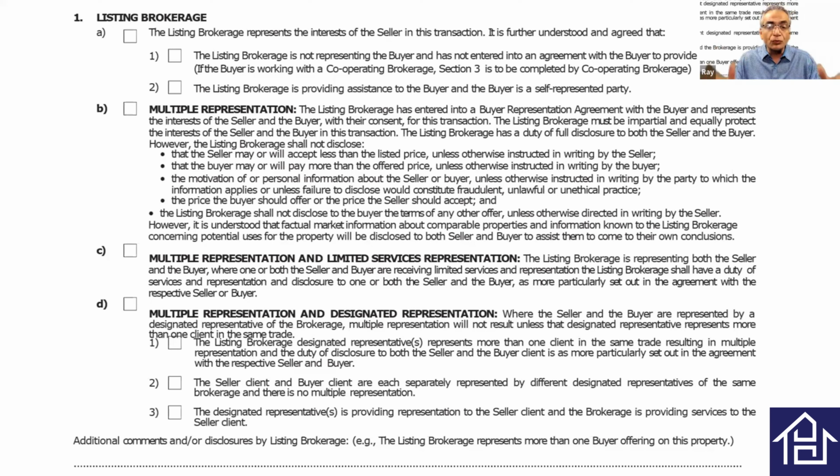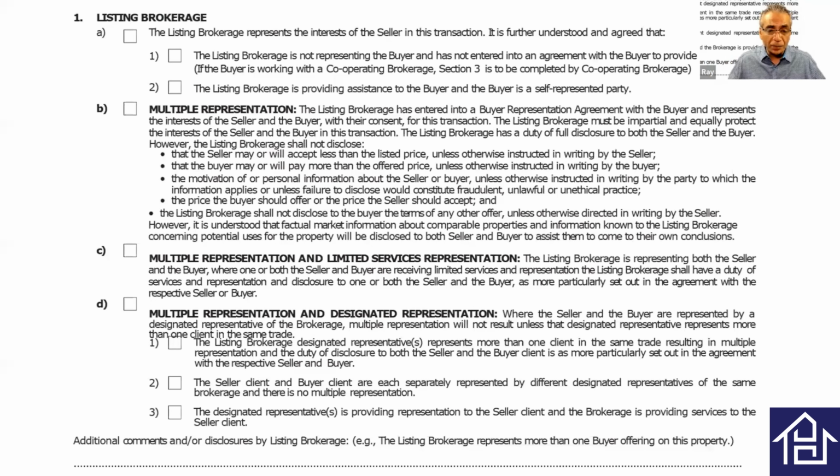Meaning that two salespeople from the same brokerage are representing two different individuals, and both of those people are involved in this transaction. In a situation like that, because both of them have designated representation, it's not a multiple representation. So we will select number two.